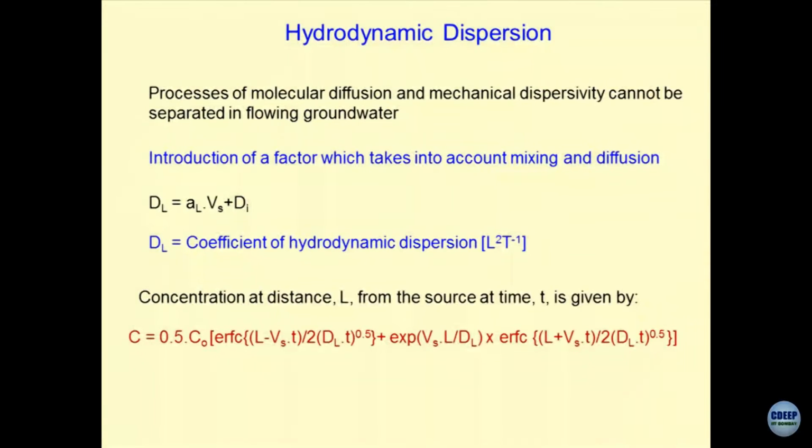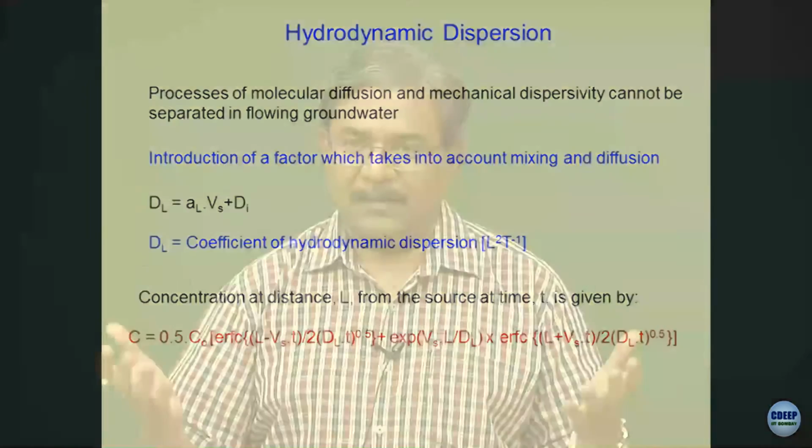A better way would be you stir it with a spoon. So, what will happen? The entire thing will become uniformly colored, or uniform in concentration, in no time. So, what hydrodynamic dispersion does is it gives you the mechanical effect as far as the distribution of the concentration is concerned in the system.